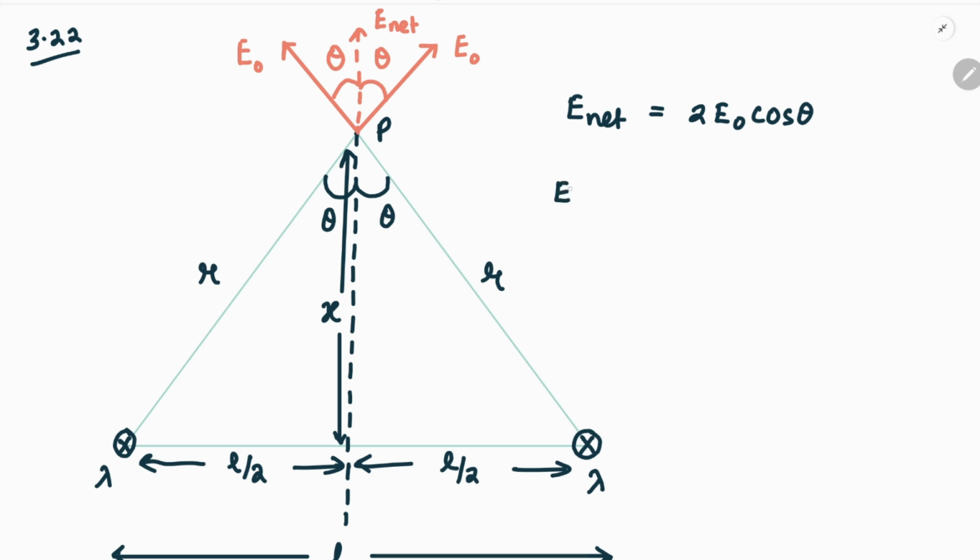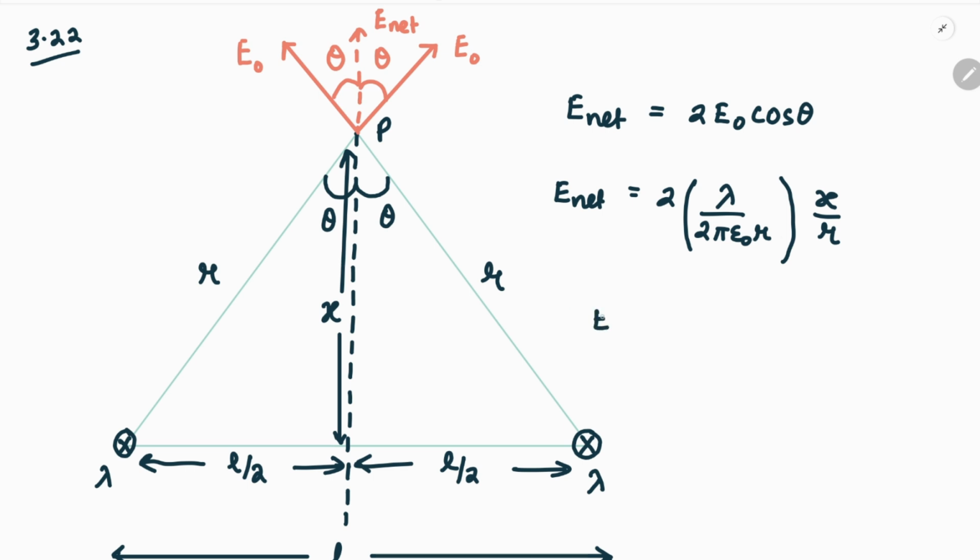So we can write E net as twice of, now this E naught can be written as lambda upon 2 pi epsilon naught r, followed by this cos theta. So cos theta can be written as base by hypotenuse, so x by r.